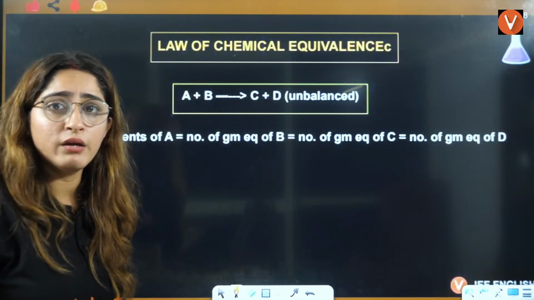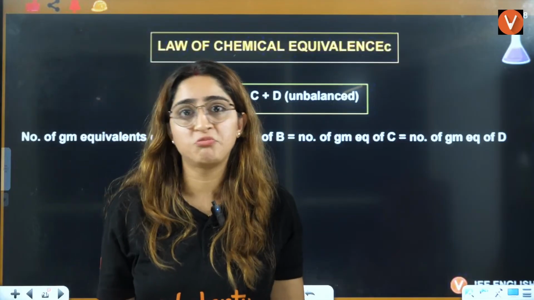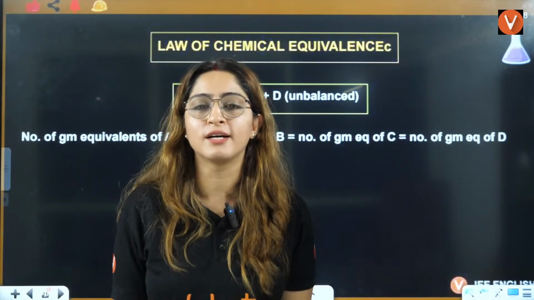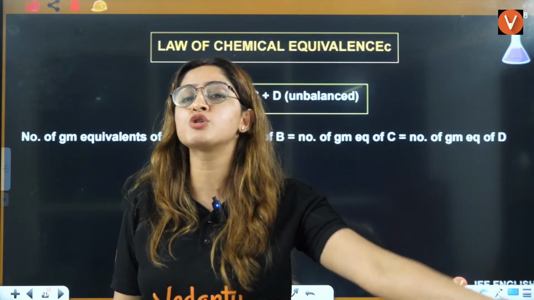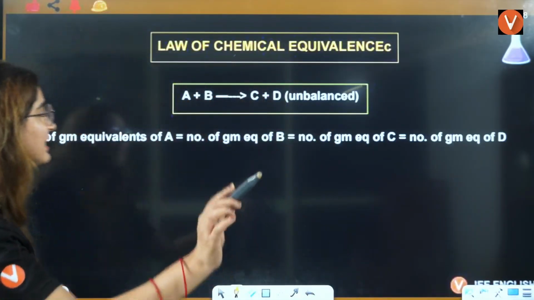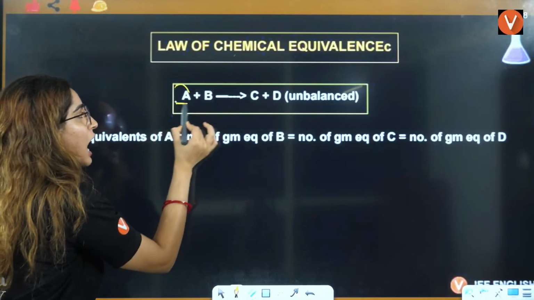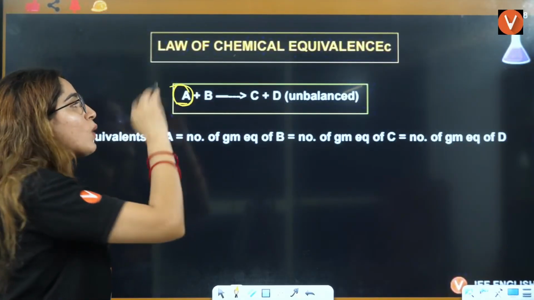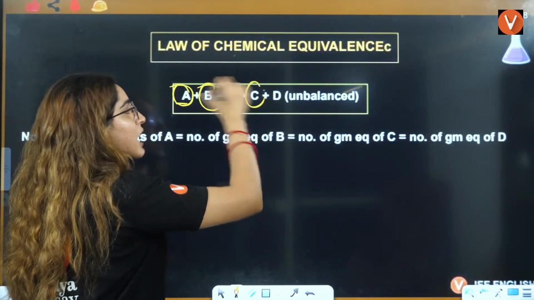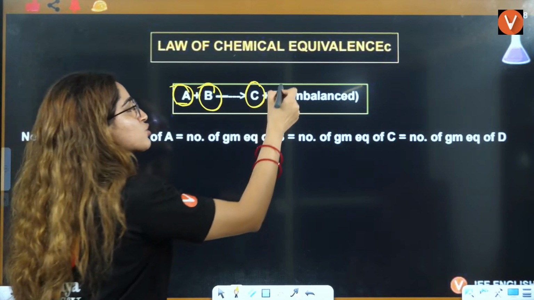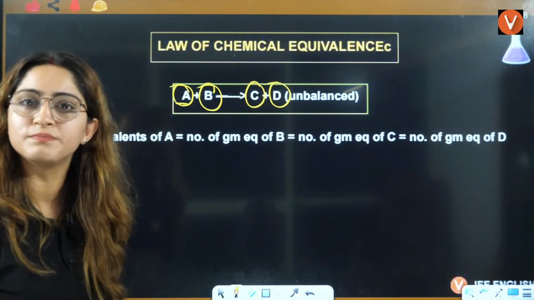It may be, may not be. We have no idea on that. But one thing for sure you can say from the law of chemical equivalence is that the number of gram equivalents of A equals the number of gram equivalents of B equals the number of gram equivalents of C equals the number of gram equivalents of D.